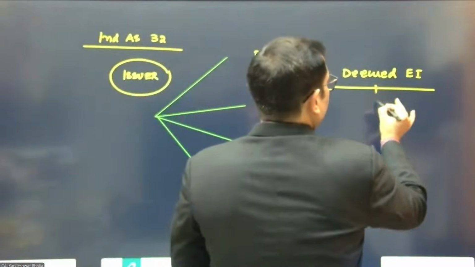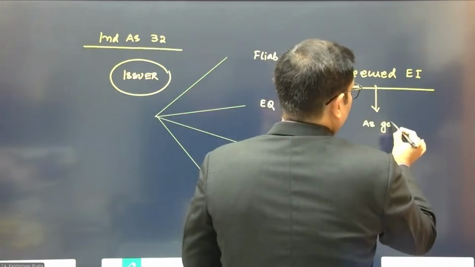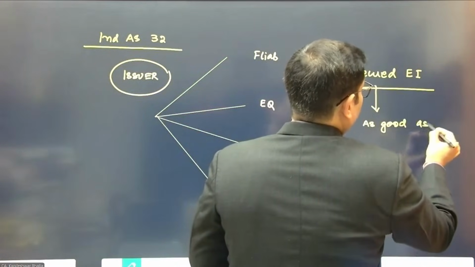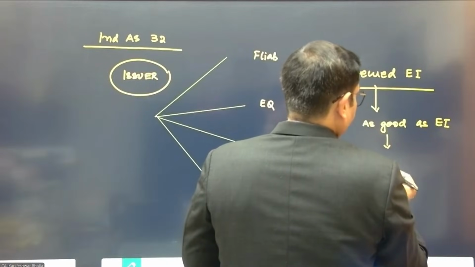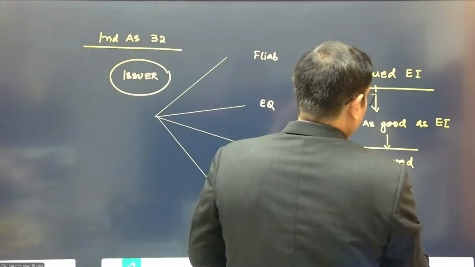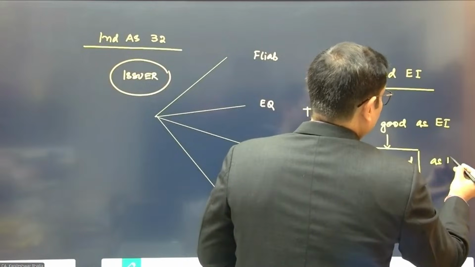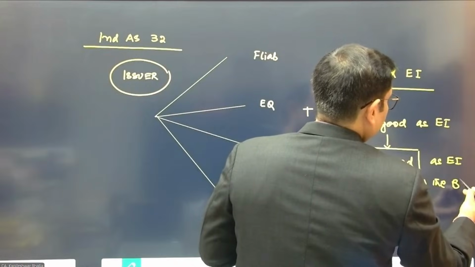So they gave the concept of deemed equity instruments, which are as good as equity instruments, and therefore they can be presented, only presented, not otherwise, as equity instruments in the balance sheet of the issuer.